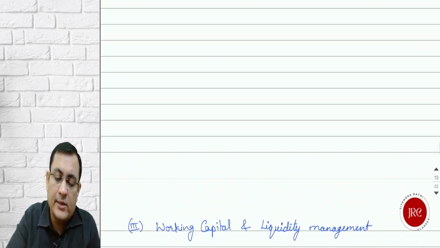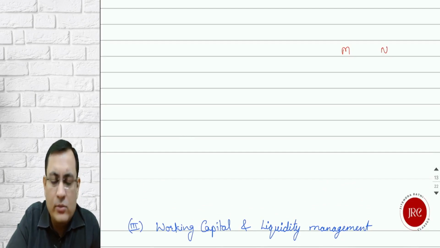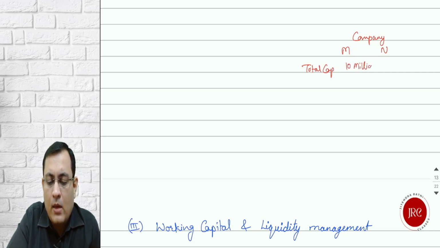Very simple example. Two companies, company M and company N, two firms, both start work with total long-term funds available of 10 million and 10 million.